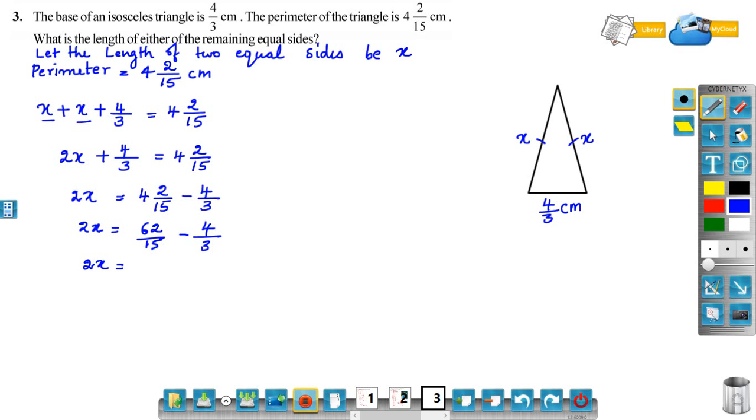Now 15 and 3 are the denominators. Denominators are not equal, make them equal. LCM of 15 and 3 is 15 because 15 is a multiple of 3. So here I can multiply by 5 to make it equal, so that both denominators become 15. 3 fives are 15. You can't multiply only the denominator, multiply the numerator also.